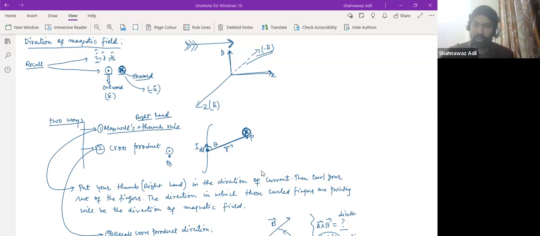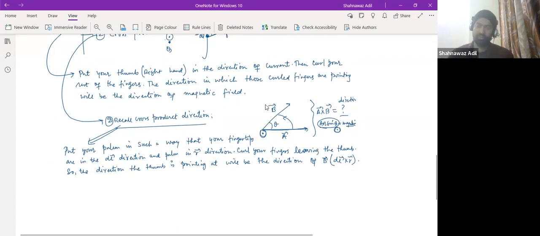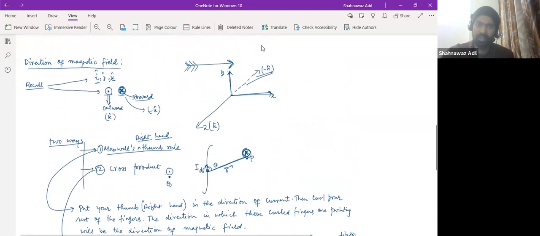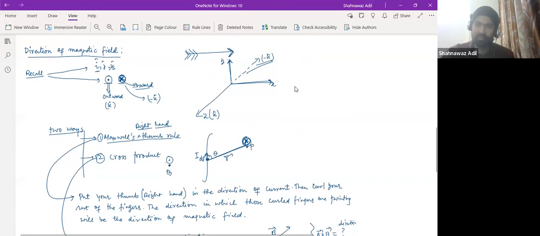Yeah, so this part also. Wait, sir, can you go up? I forgot to write something. Just the arrow I didn't make. Oh, yeah.